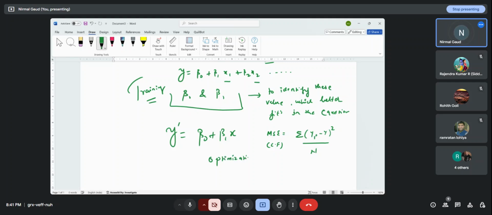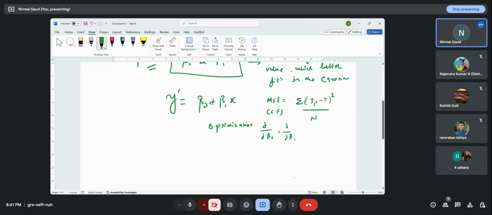That means I differentiated this equation with respect to beta naught and beta 1. I want to find the minima, the error should be minimum. For that, what should be the optimal value of these parameters where the error is minimum? We performed partial differentiation, and that's how we got the values of beta naught and beta 1.